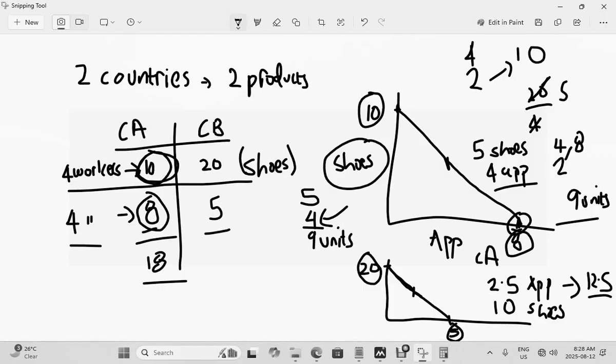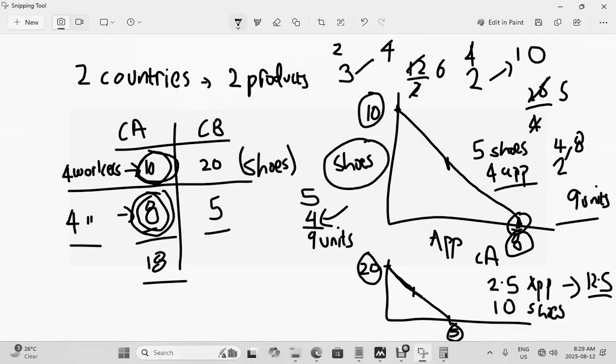Let's say they assign 3 workers towards the comparative advantage area. So that will be 3 workers producing appliances, because they have a comparative advantage in appliances. So rather than 2 workers producing 4 appliances, you now have 3 workers producing appliances, which means this will be 12 divided by 2, a total of 6 appliances.